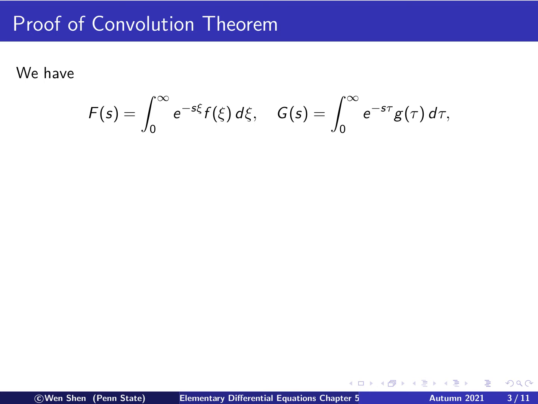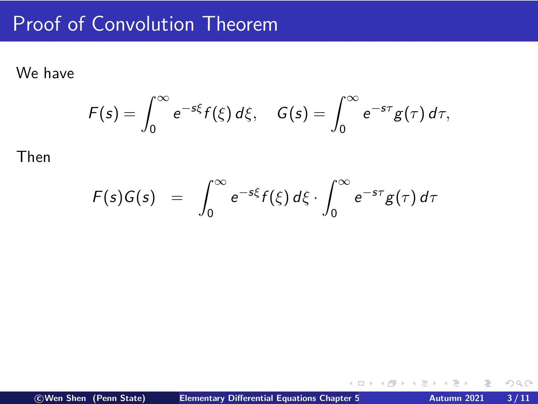You can call it anything, but we'll call it psi because it will be convenient. And then capital G of s is the Laplace transform of g of t, and this is an integral like that, where we use tau as the integration variable.